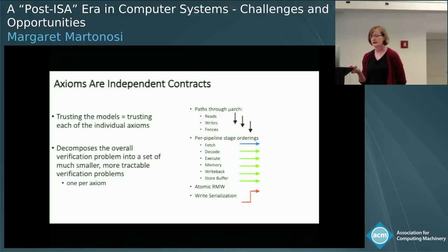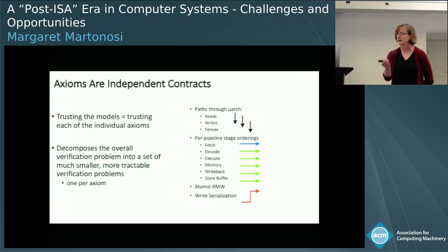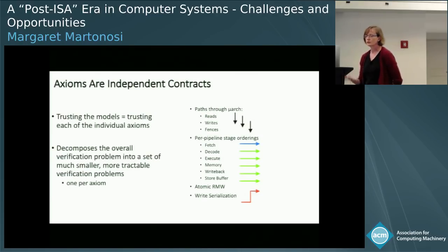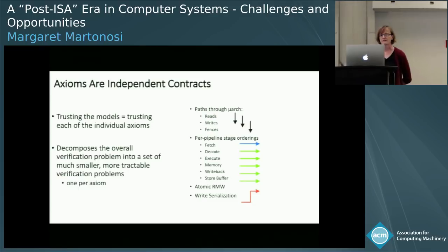And so it allows both more tractable verification problems, and also it allows, we argue, an easier way for the designer to learn about issues in their design and fix them. So essentially you can think about it as different paths through the microarchitecture are provided for different reads, writes, and so forth, different categories of instructions, and then also different sort of per pipeline stage orderings that we need to consider.